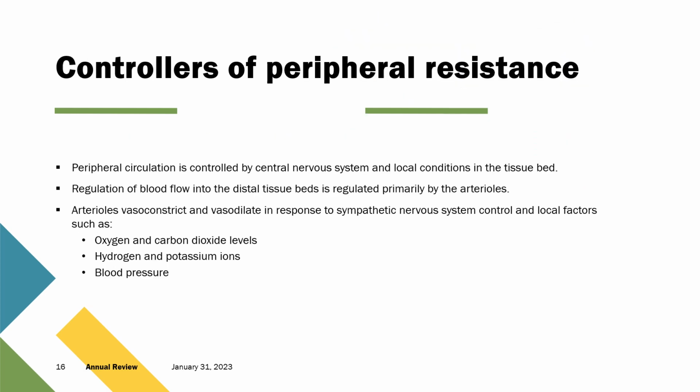All right, we talked a little bit about this with the controllers of our peripheral resistance. Peripheral resistance or circulation is controlled by our central nervous system ultimately, that controls how our arterioles react in order to provide vascularization to our tissue bed.